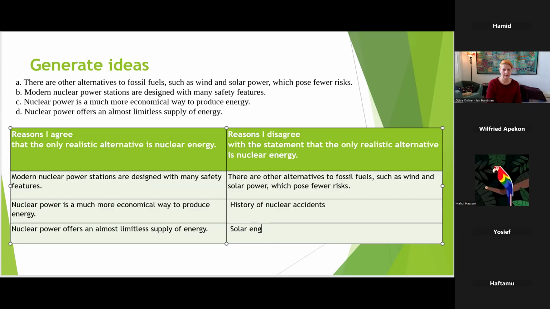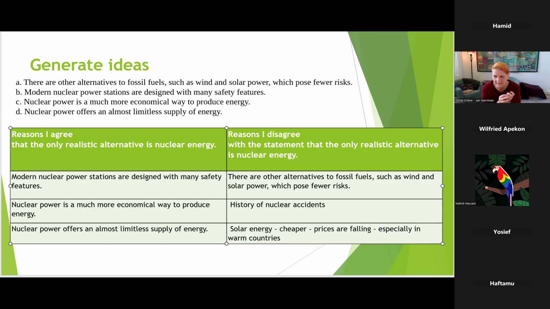Maybe it is cheaper than the nuclear energy, especially in the places where the summer is hotter. I'm sorry, what did you say? Especially in the warm countries, the hot countries. Excellent. Excellent.